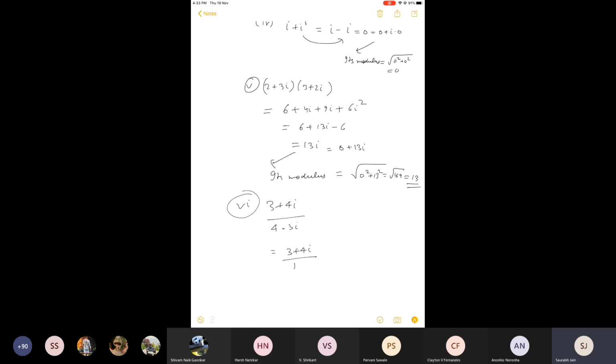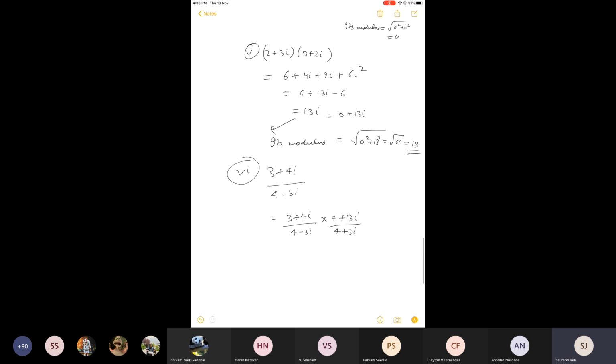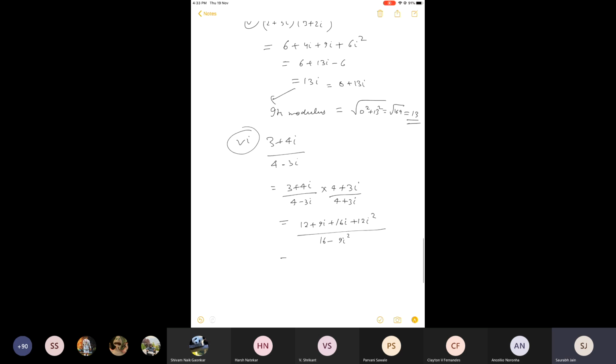First I will simplify this, and to simplify I will have to rationalize it. So this is the rationalization. Now let us do the multiplication. 3 into 4, 12, then 9 iota plus 16 iota plus 12 iota square. In the denominator, it is the property a minus b into a plus b, that is a square minus b square.